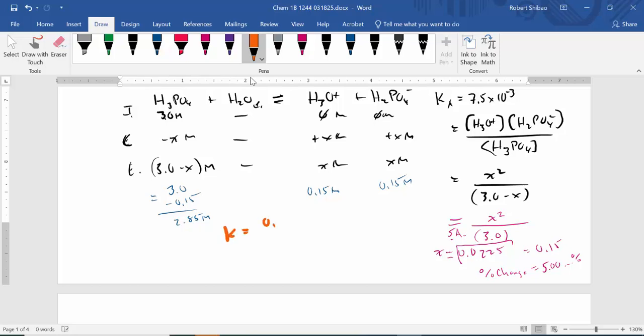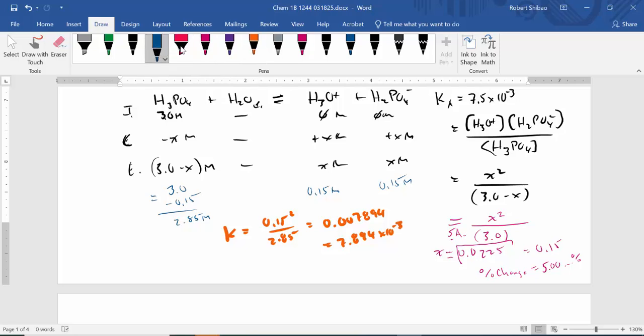And so this is going to be 0.15 squared divided by 2.85. And what does my K value come out to? 0.007894, which is 7.894 times 10 to the minus 3.